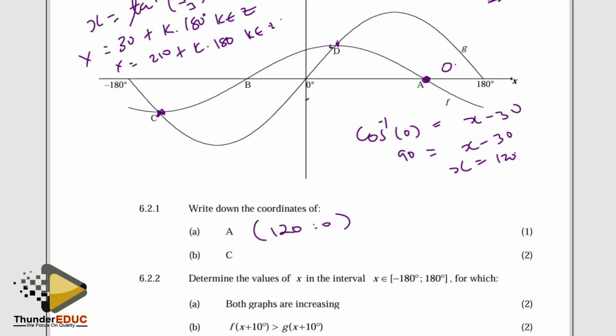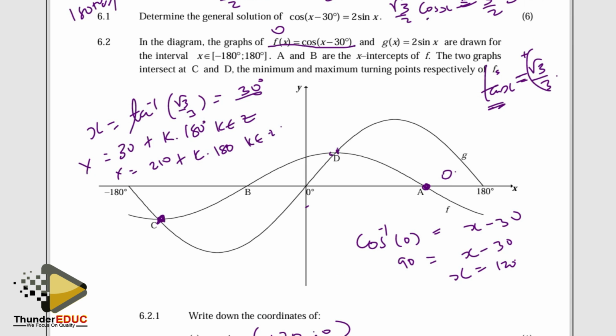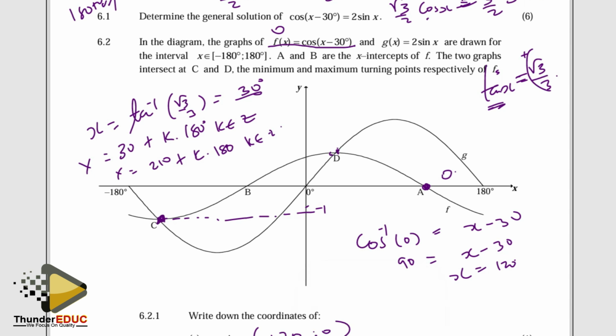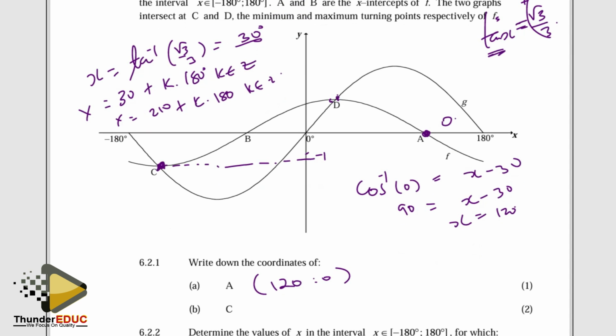And then for me to get c, we said it is the turning point. And we're still dealing with a cos graph. And if it's a turning point, then this y value is going to be negative 1. That's all I know about that turning point, since our amplitude here is 1. So if that's negative 1, I'm just going to replace it again into that.